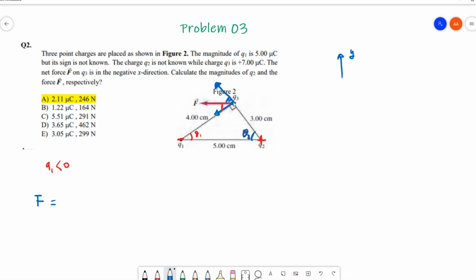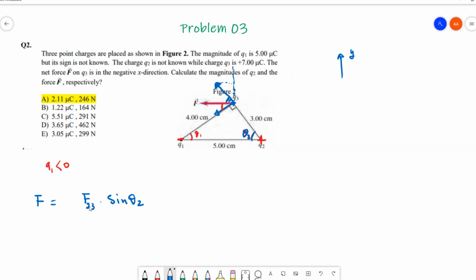Great. I will get this component. So I have this force. I need to project it along y direction. It will give me this. So here it should be the sine θ2. So it is F2,3 multiplied by sine θ2.